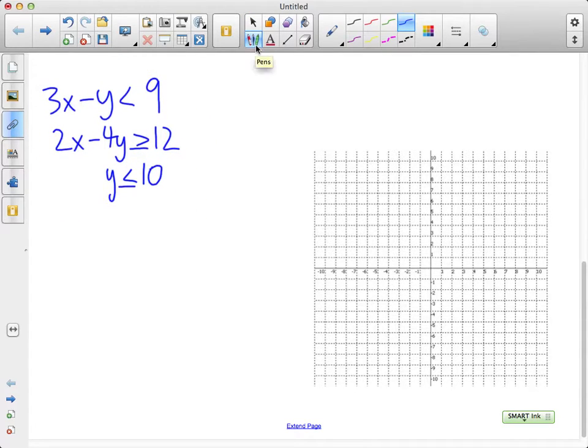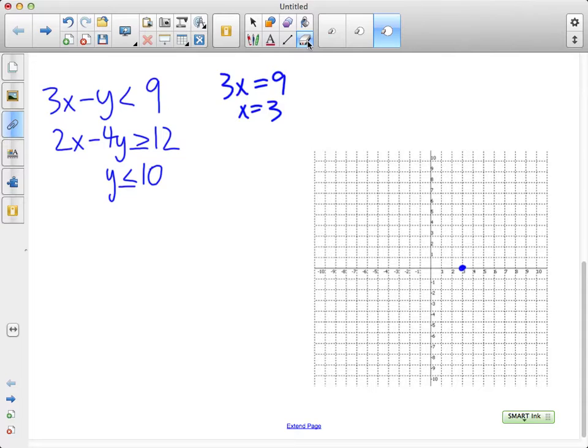So I start by just graphing. If I have 3x minus y strictly less than 9, let's graph it by intercepts. The x-intercept of this would be 3x equals 9, which means x equals 3.